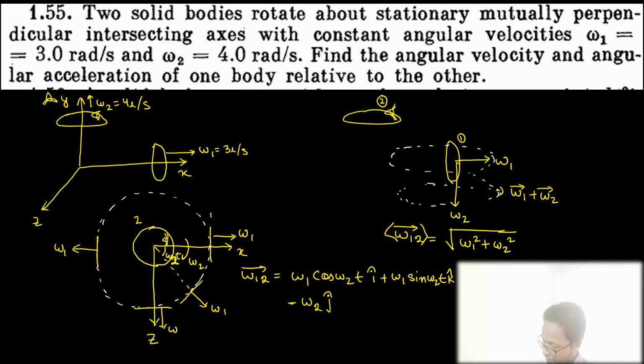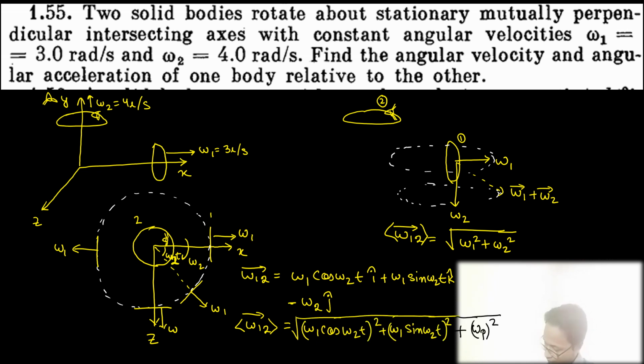And when you find the magnitude of omega 1 2, you just take this square plus this square plus this square, under root. When you solve this expression, you get the magnitude of the relative velocity of 1 with respect to 2 as root of omega 1 square plus omega 2 square, which is the same as the velocity obtained by the previous method.